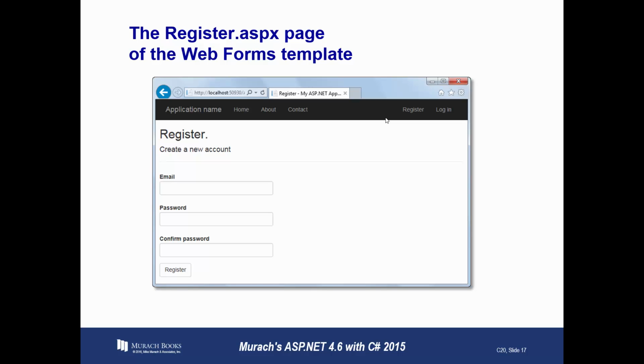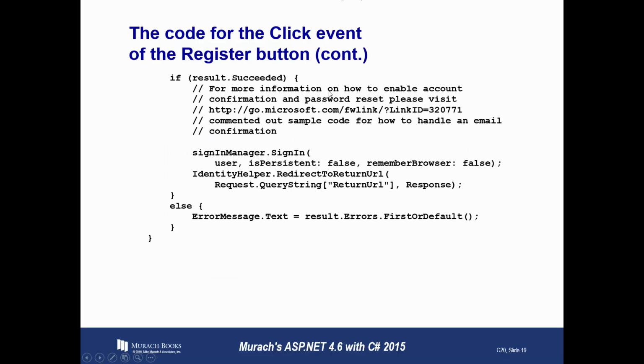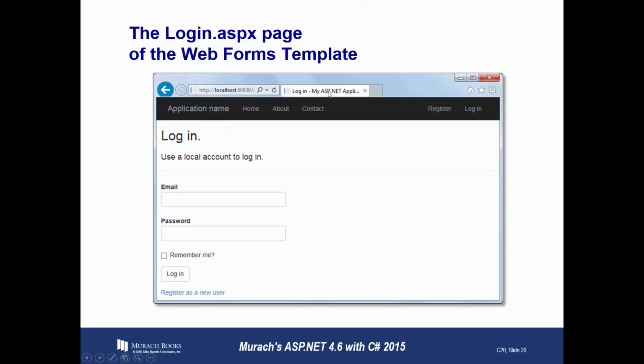The password and the confirm password, as you'd guess, have to match. After you do this, by default, you should be redirected to the home page, where you'll be able to log in, which will look like this.